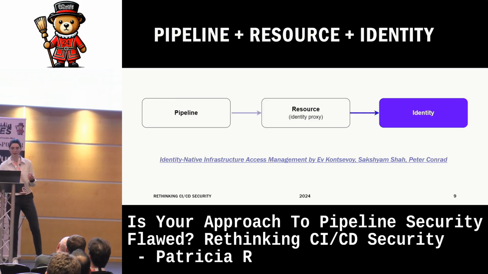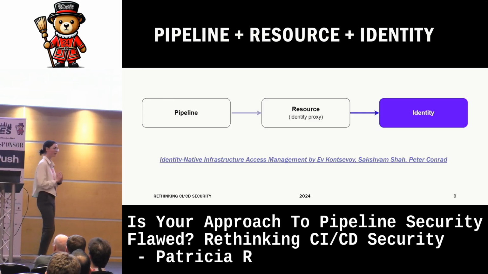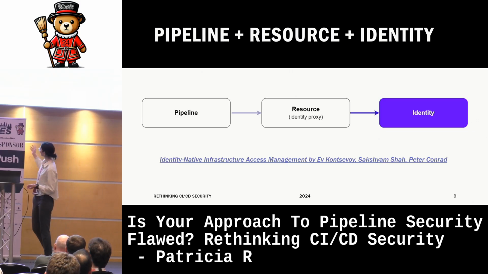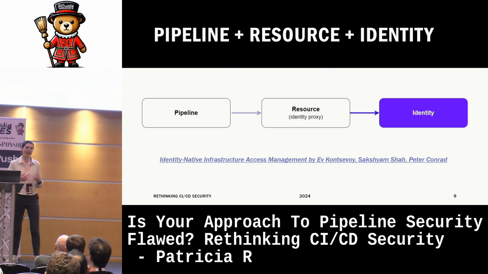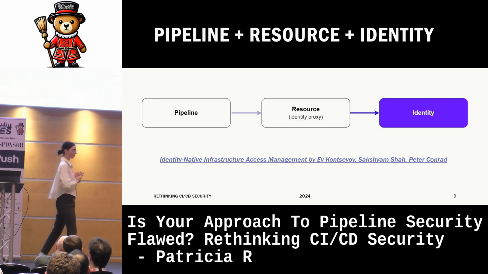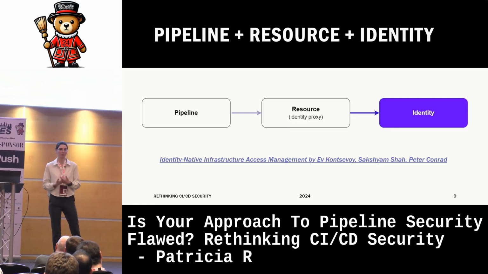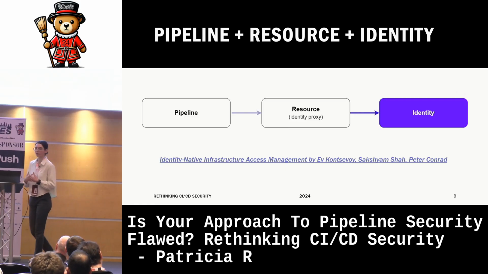And there's this book where I really like how the authors phrased it: identity native infrastructure access management. Their take is that identity as its core concept is really immutable and is not transferable.